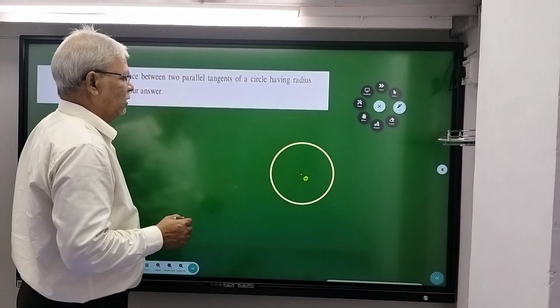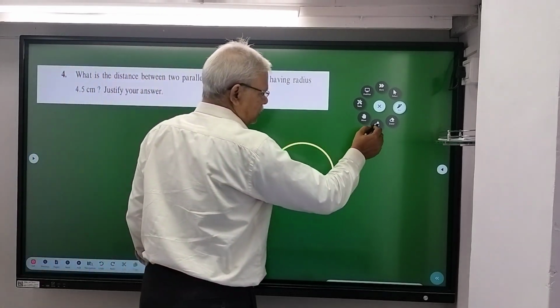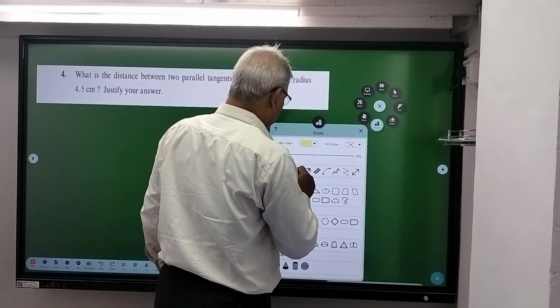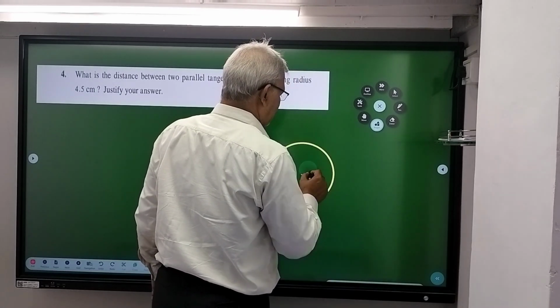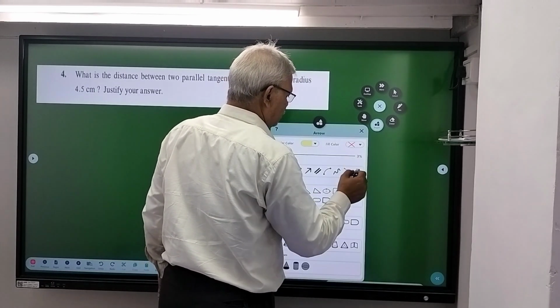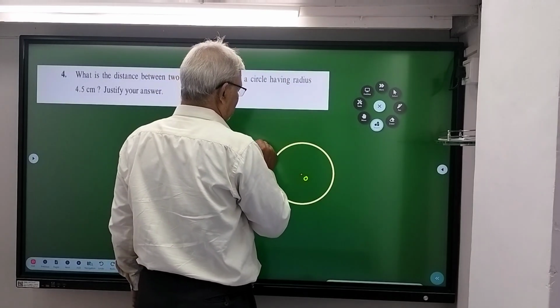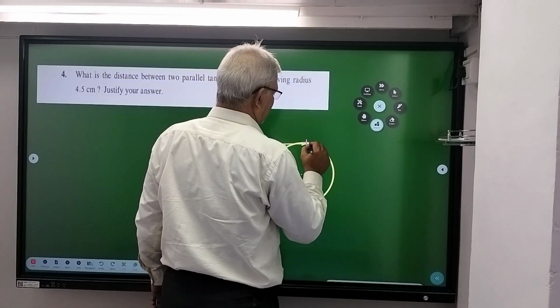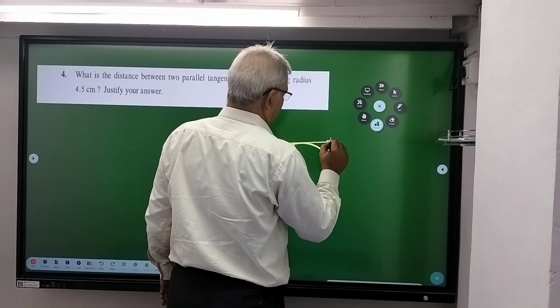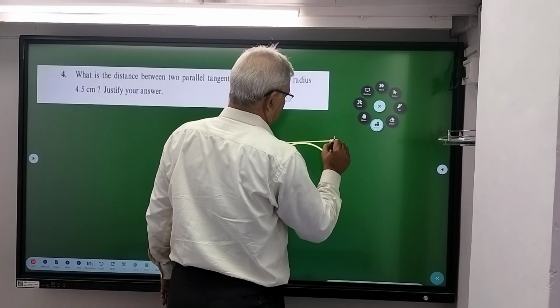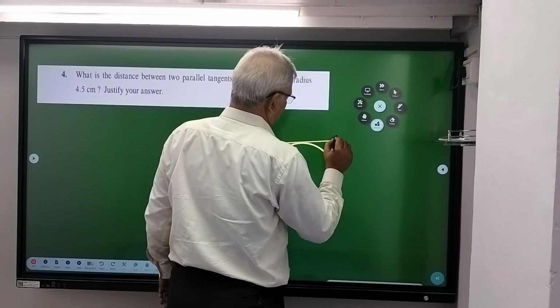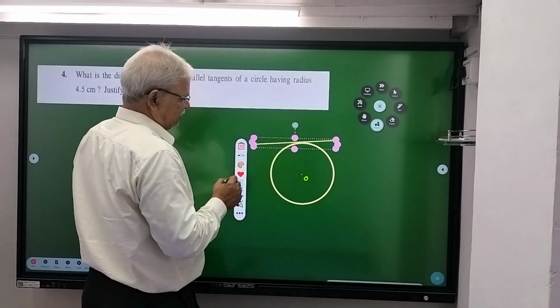Okay. Now I am going to draw two tangents which are parallel to each other. Now see, I will try to draw two tangents.